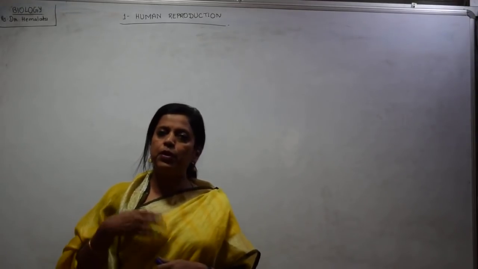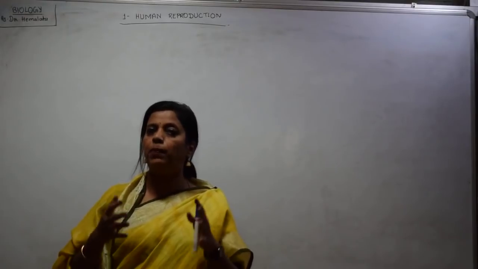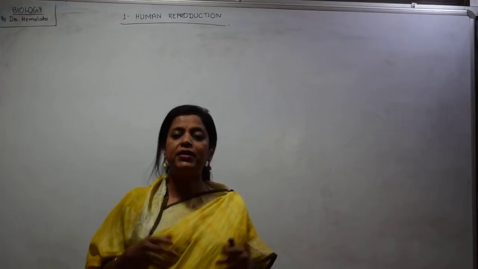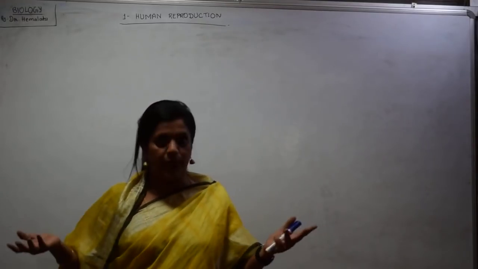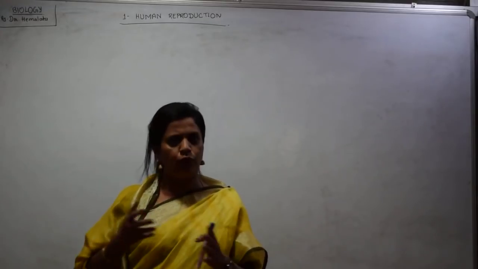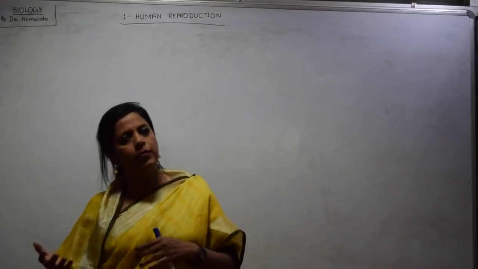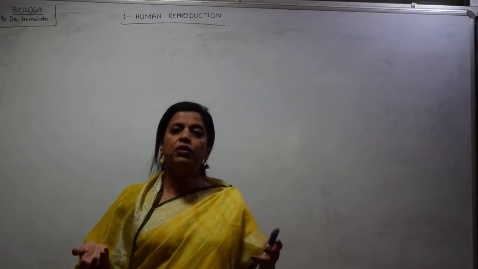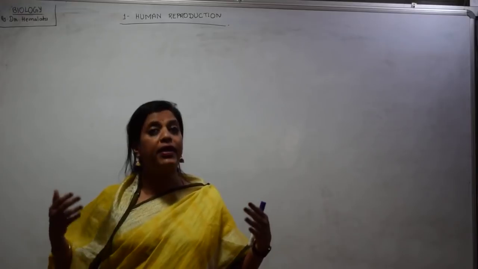Secondary sexual characters are those characters that appear when the male or female enter puberty. Puberty is nothing but sexual maturity. When males from the age of 13 to 14 years enter the reproductive age, we call it sexual maturity. So they develop certain secondary sexual characters.